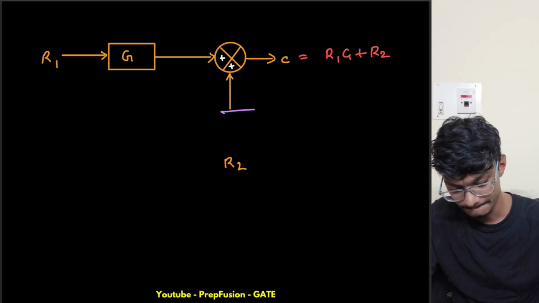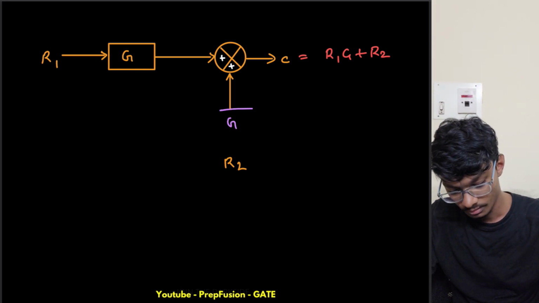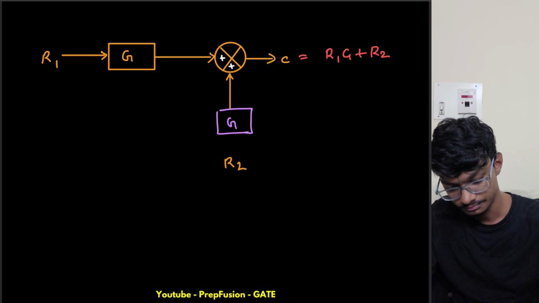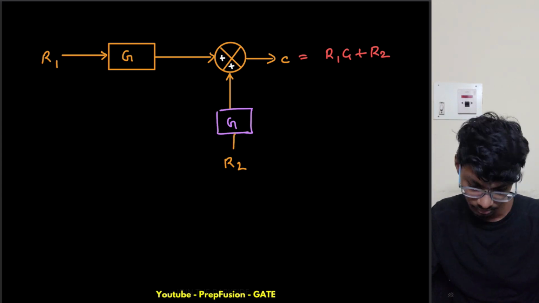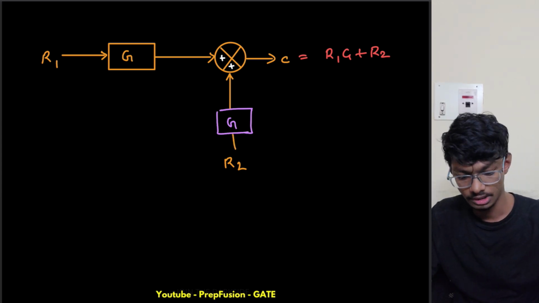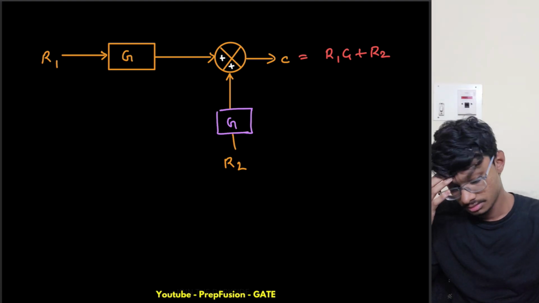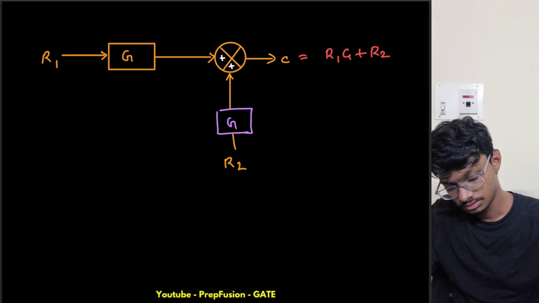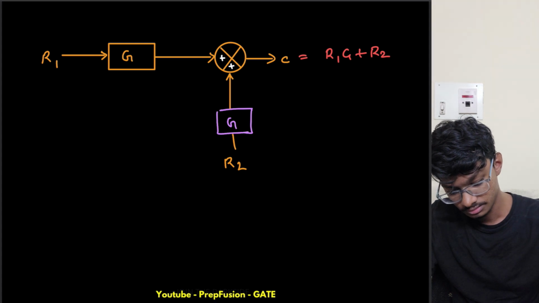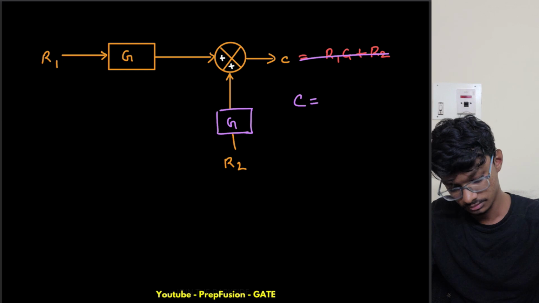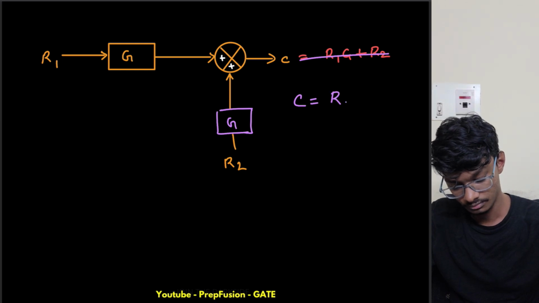It will be G. So this will get changed to C equals R1G plus R2G.